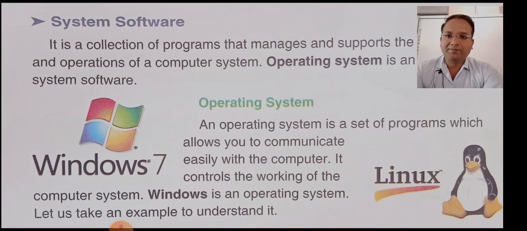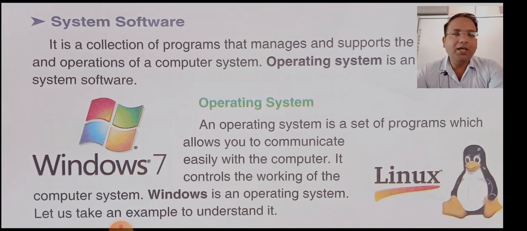An operating system is a set of programs which allows you to communicate easily with the computer. Generally, nowadays we are using the Windows 7 operating system. If the operating system is not in the computer, then we cannot operate the computer. So the operating system performs operations in the computer system.